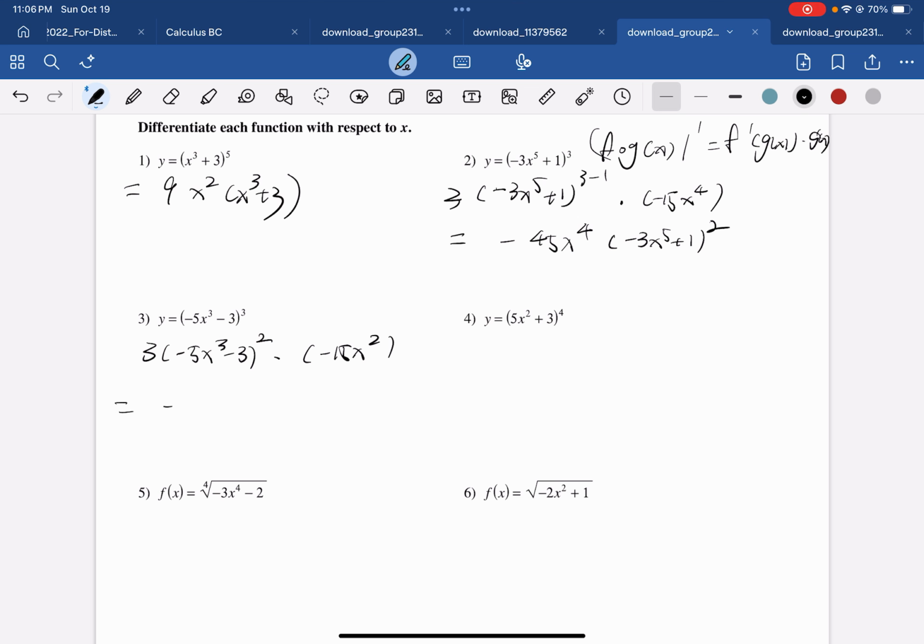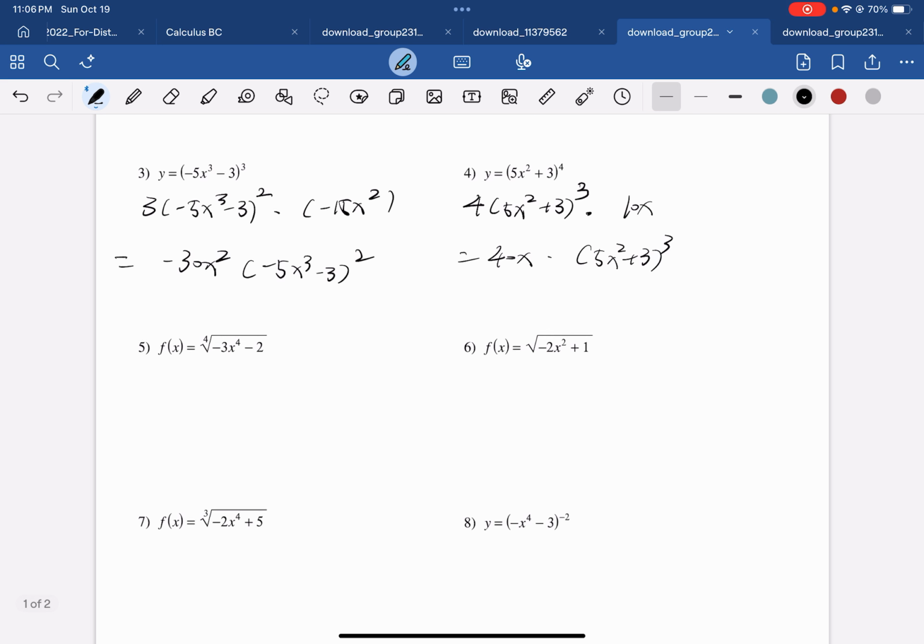So this one is negative 45x squared times (negative 5x cubed minus 3) squared. Alright. Next one, we do the same, which is (5x squared plus 3) raised to the cube, and times 10x. So we got 30x times (5x squared plus 3) squared.